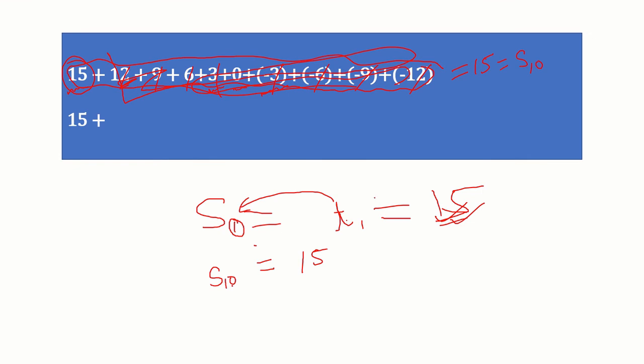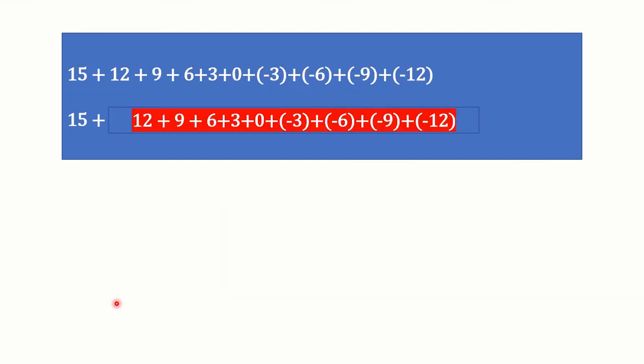It means we got sum as 15 in two cases, when n is equal to 1 and when n is equal to 10. So these terms can be avoided if we want the sum as 15. Only 15 can give the sum as 15, or if you take all these terms it will give the sum as 15.